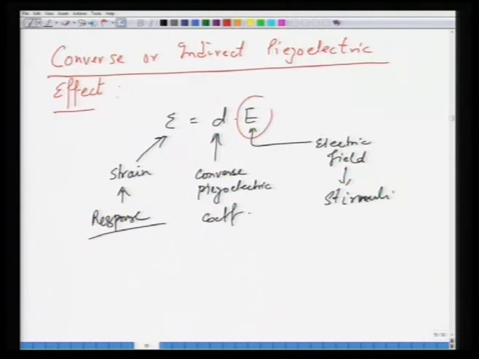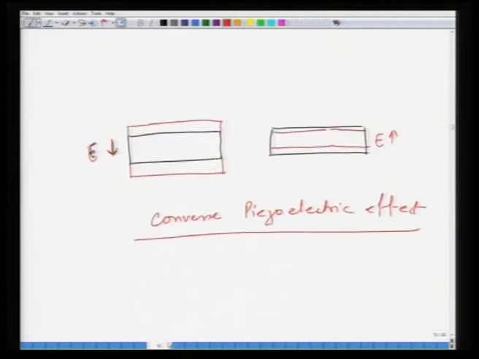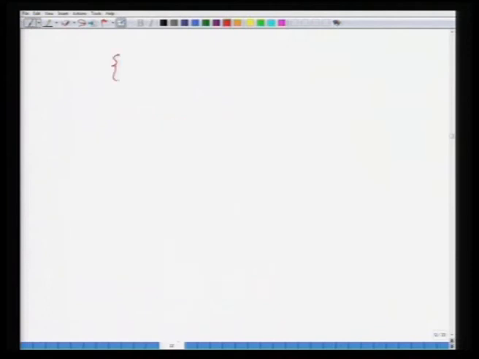Again here the electric field is a vector, strain is a vector, as a result this is also a vector. So, it can also be expressed in the form of vectorial notation. So, let us first define the terms.